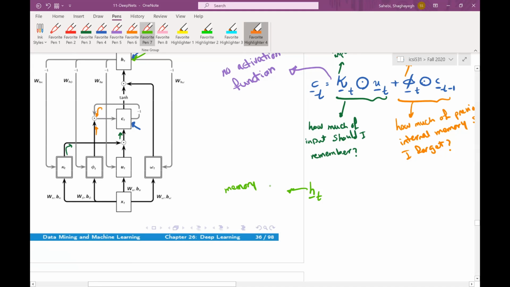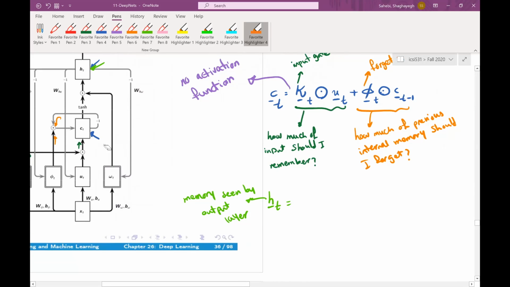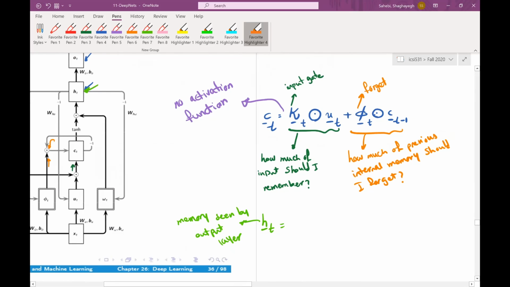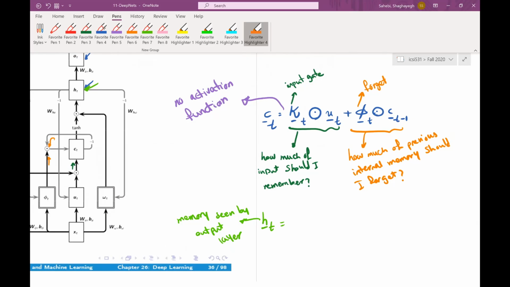Memory seen by output layer. So in h_t, it's going to think of two things.